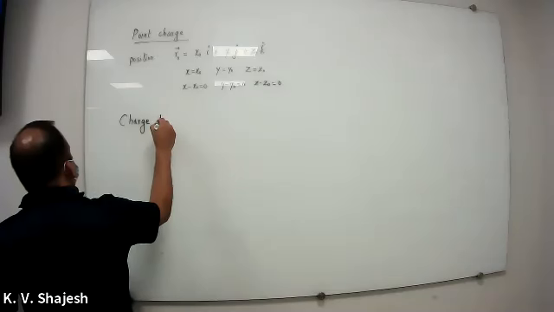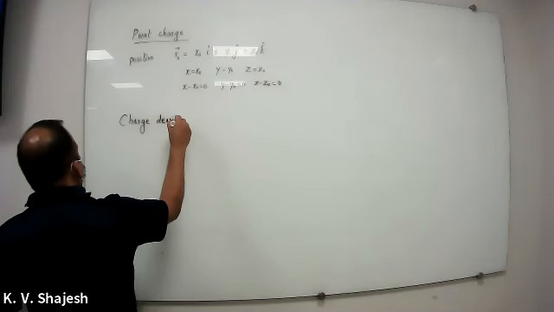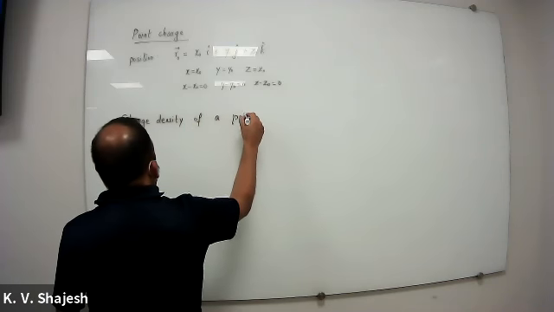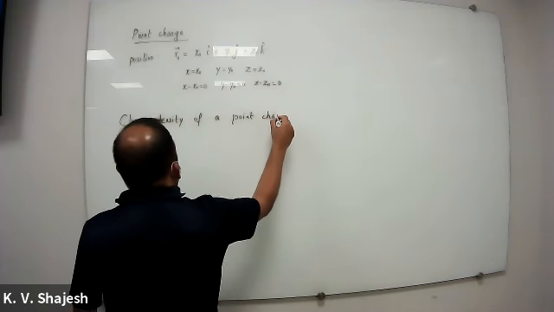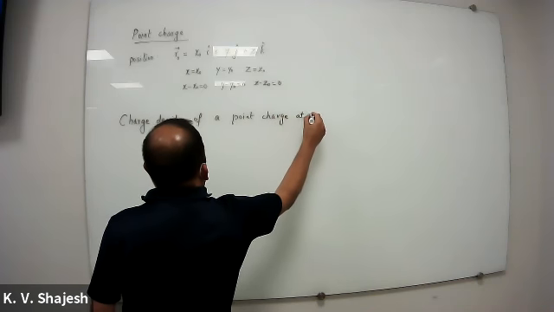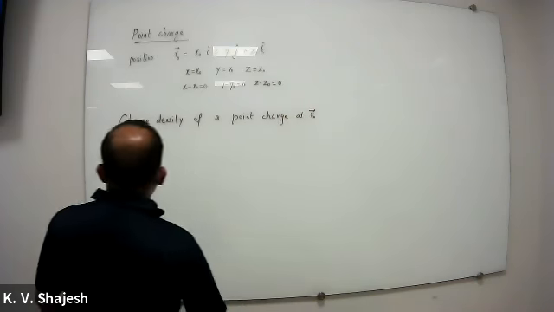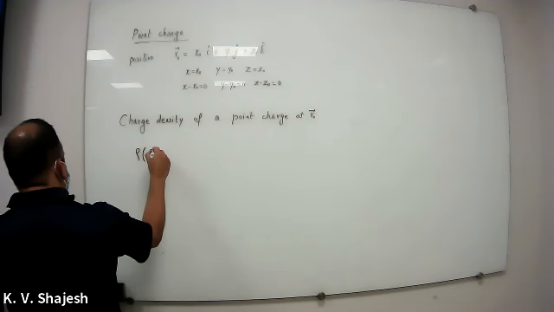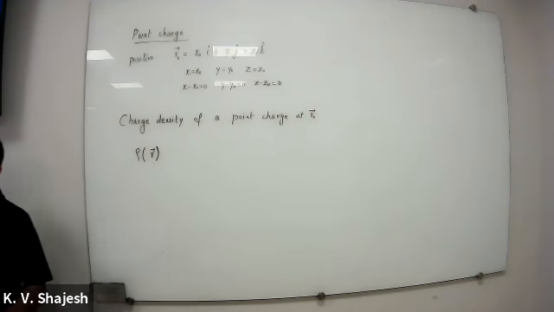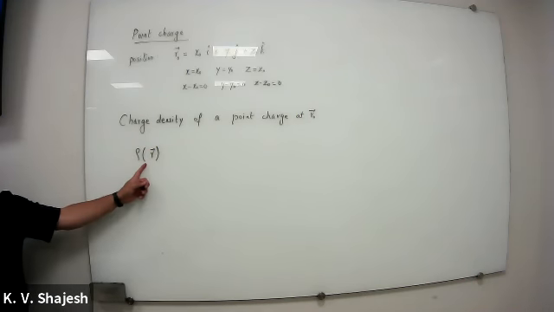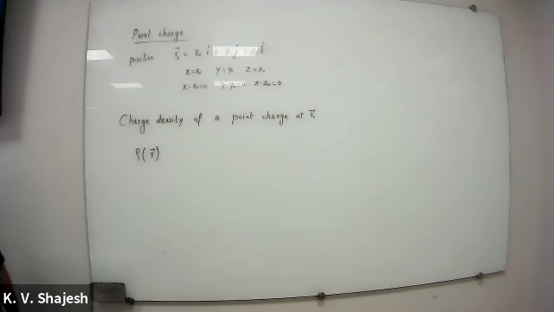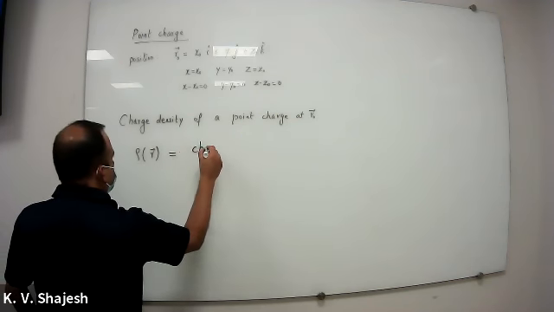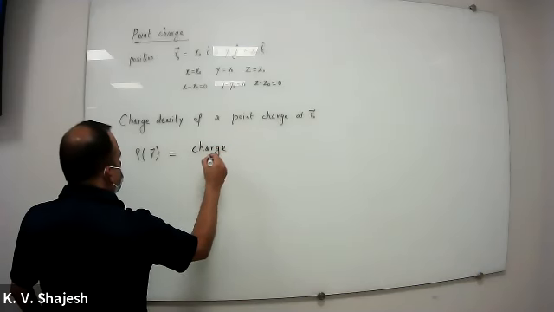So charge density of a point charge at R naught would be, so this charge density means at every position of the space, what is the charge density? So this is equal to charge per unit volume.